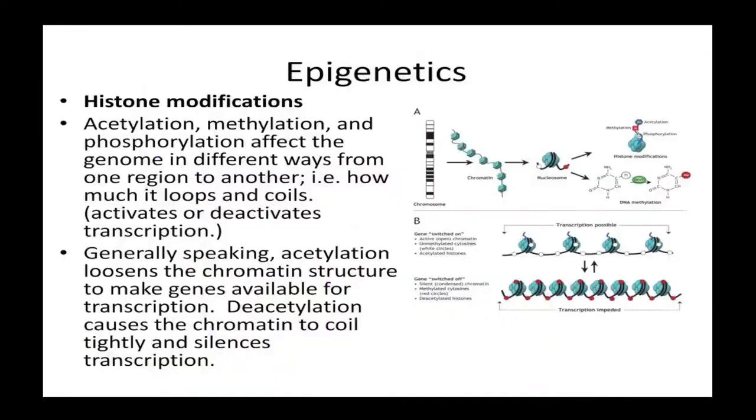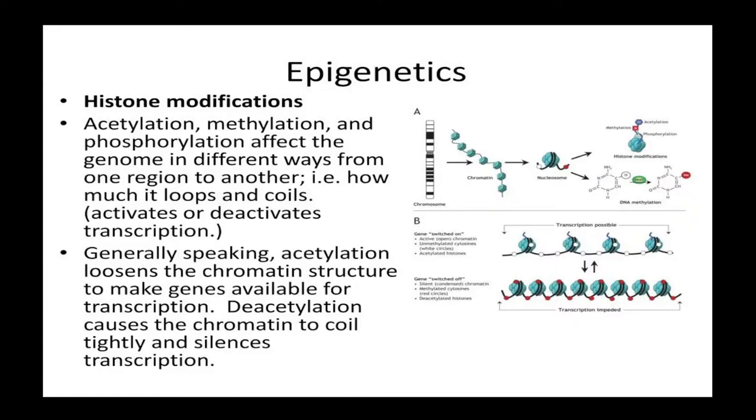Epigenetic control of gene expression can be provided by histone modification. Acetylation, methylation, and phosphorylation affect the genome in different ways from one region to another: how much it loops and coils, and activates or deactivates transcription.